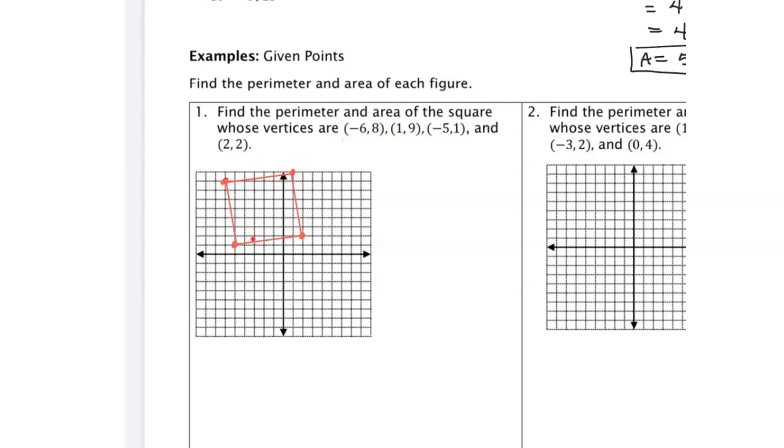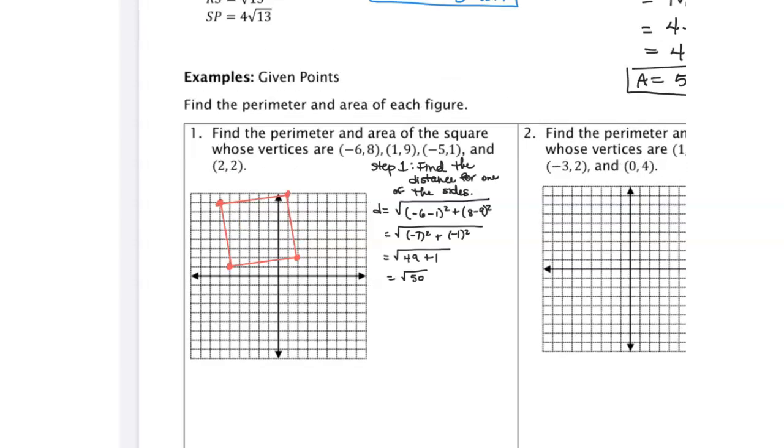We do not know the side lengths, so we will have to use the distance formula to figure out the side lengths. The nice thing about a square is that all 4 sides are the same. So as long as we can figure out the distance between any of the sides, we'll be able to use it and then calculate our perimeter and area.